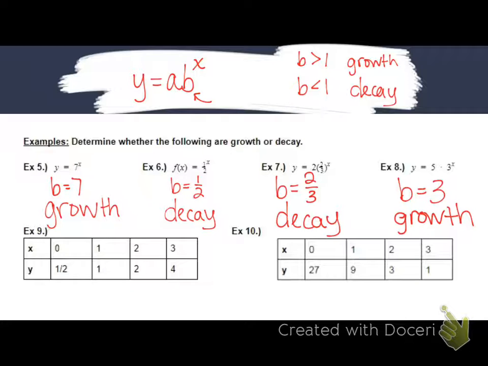Okay, then we have to look at 9 and 10. When we look at these, do you think we're focusing on the x's or the y's? When we were deciding earlier if they were linear or exponential, which one did we spend more time talking about? The y's. Y's are what help show you what's going on with the function.